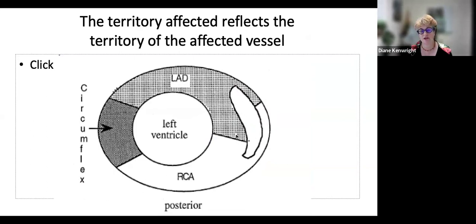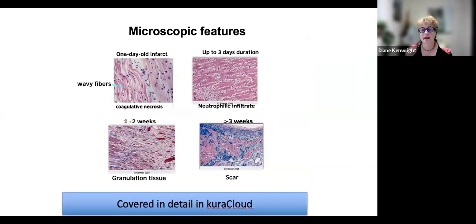Right coronary artery affects the posterior part of the heart. Will I be asking you to recognize pictures? No. But knowing the microscopic features descriptively and how these relate to the complications is so important that when you do your Cura Cloud revision for homework, you will cover that again.